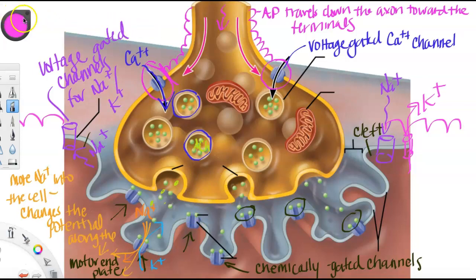So the acetylcholine has to be taken away from the cleft. There is an enzyme called acetylcholinesterase. Anything that ends in -ase is an enzyme.